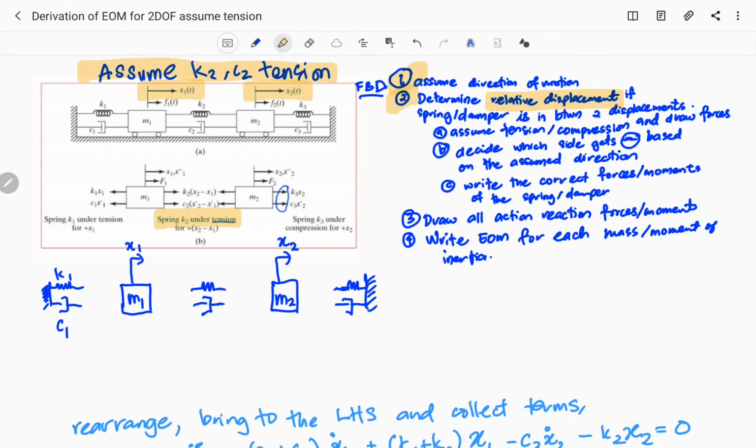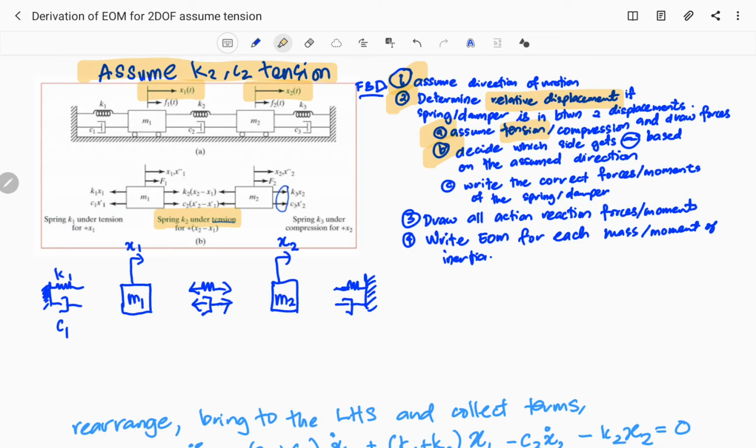In terms of relative displacement, we have to look at the first step. As we said, we already assume tension, so we draw for K2 and C2. Both of them are already in tension. Then the next step, you want to decide which side gets negative.